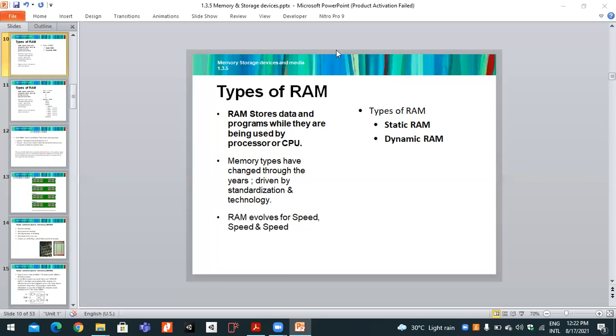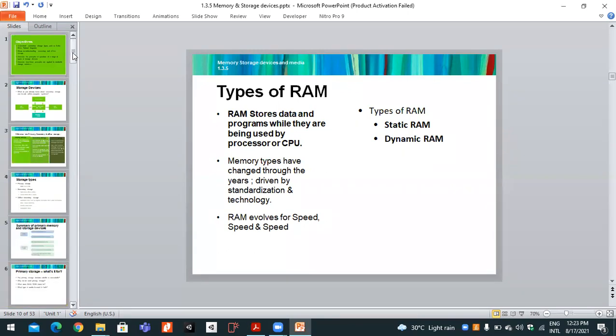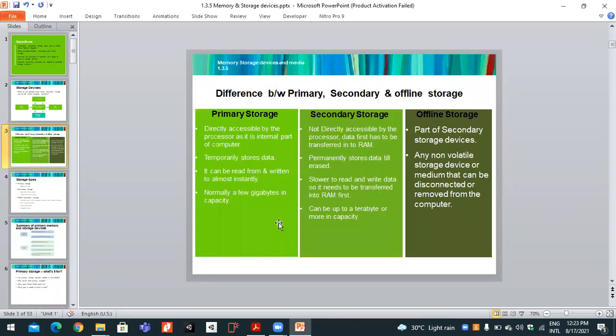Let's start our topic. Previously we were talking about different types of storage devices, and we started with the internal storage devices, the primary and the basic storage devices. We did a little talk about the differences between the primary memory and the secondary memory.